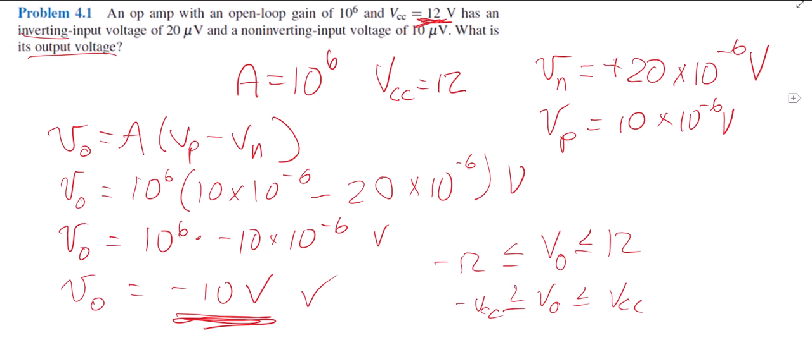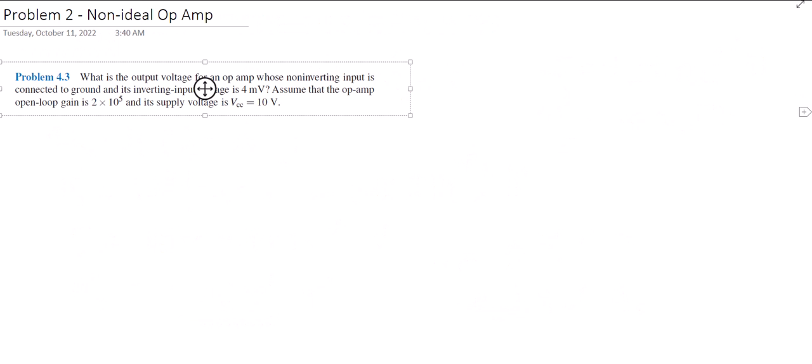All right, so we have another problem on non-ideal op-amps. What is the output voltage for an op-amp whose non-inverting input is connected to ground? Okay, so that means non-inverting, that's Vp, equals 0. And its inverting input voltage is 4 millivolts.